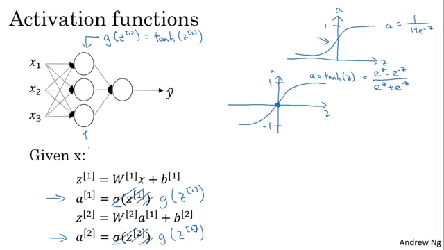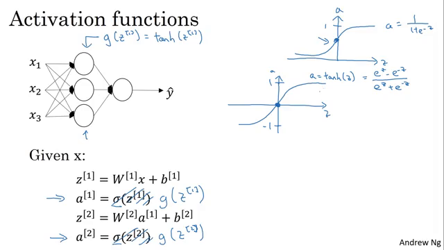And so just as sometimes when you train a learning algorithm, you might center the data and have your data have 0 mean, using a tanh instead of a sigmoid function kind of has the effect of centering your data so that the mean of your data is closer to 0 rather than maybe 0.5, and this actually makes learning for the next layer a little bit easier.